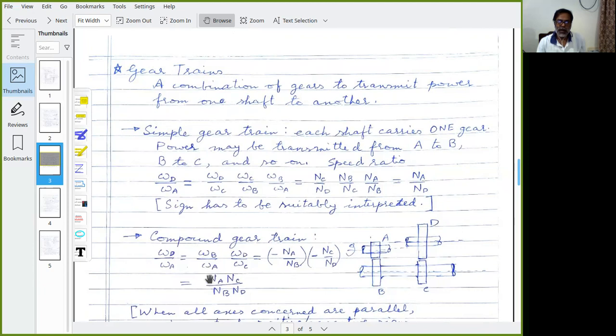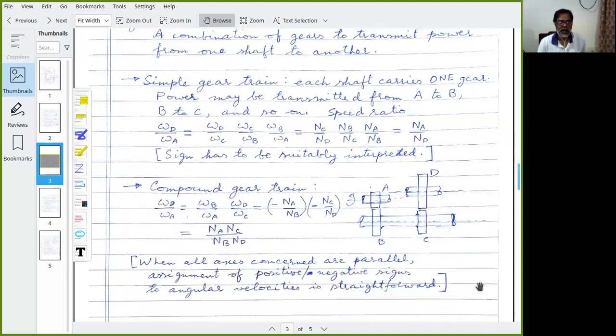This one is this individual ratio, and this one is this individual ratio. When you simplify it, here I have put the minus signs because here I have shown the axes to be all parallel, and in that case positive and negative signs you could assign in a consistent manner. On the other hand, in this case, I did not put the signs. Sign had to be suitably interpreted according to the context.